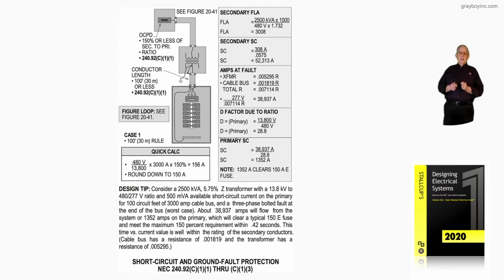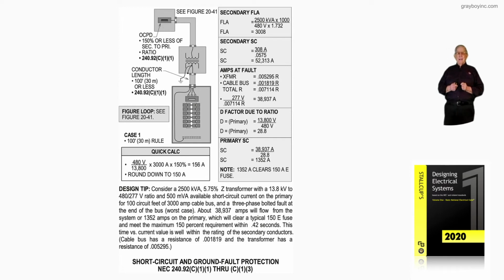We have a 500 MVA available short circuit current on the primary, a 100 circuit feed of a 300 amp cable bus with a three-phase bolted fault occurring at the end of the bus, the worst case.